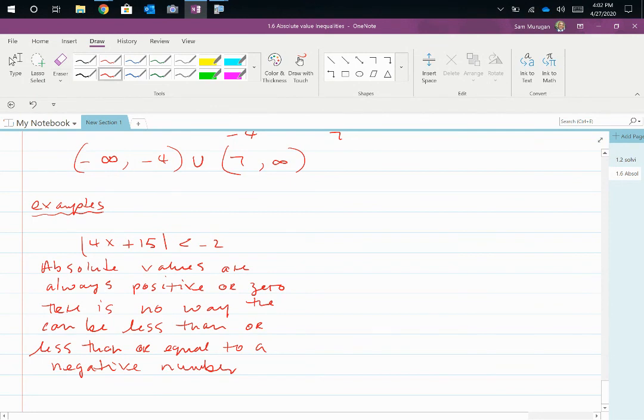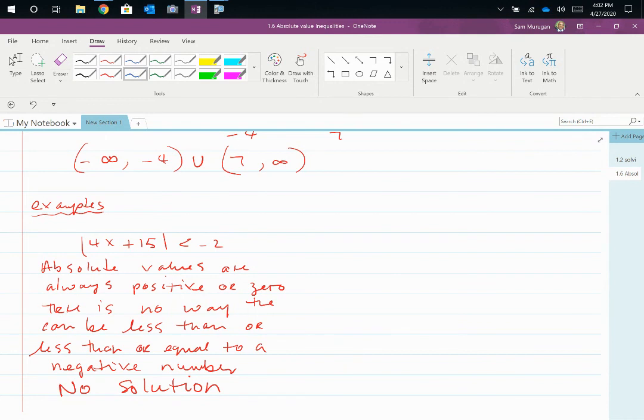So in this case, we have absolutely no solution to this problem. No solution, since that absolute value cannot be less than a negative number.